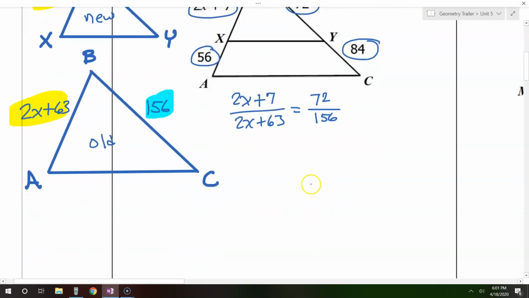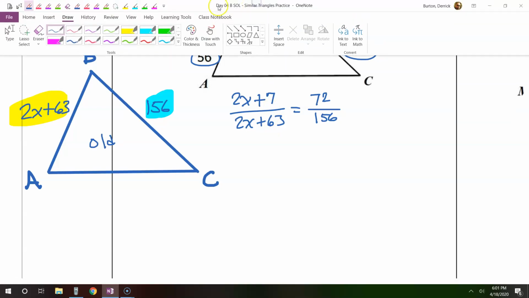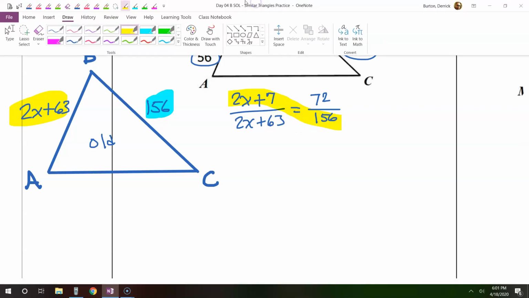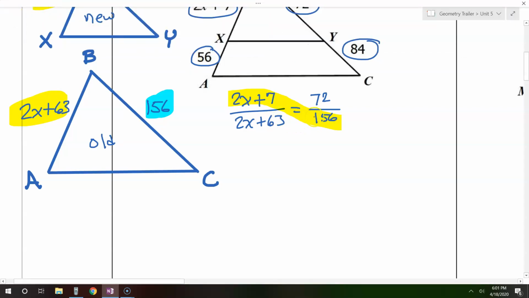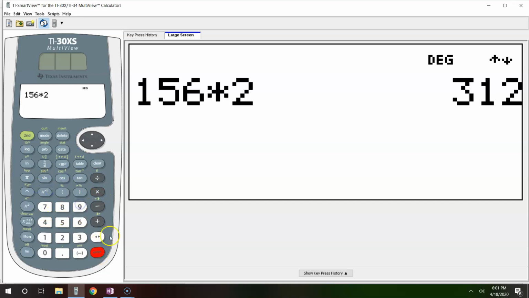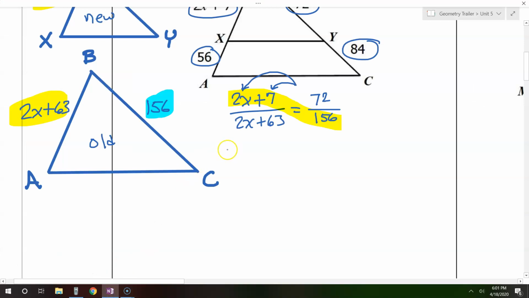Okay, now we're going to cross multiply. So if we do this diagonal, don't forget that you have to do the distributive property. So I'm going to take 156 and I'm going to multiply it times 2x and times 7. So that's 312x.